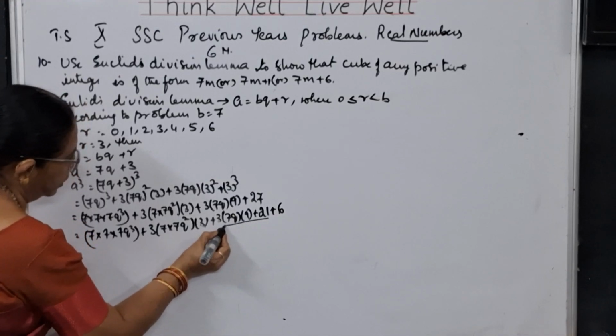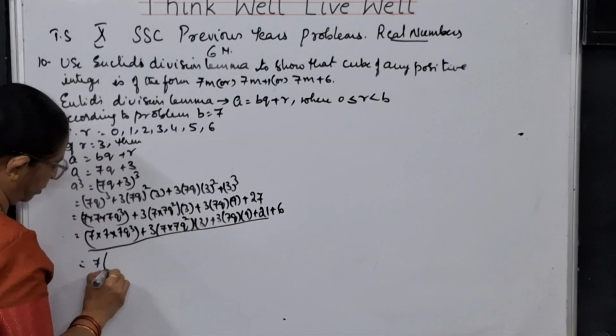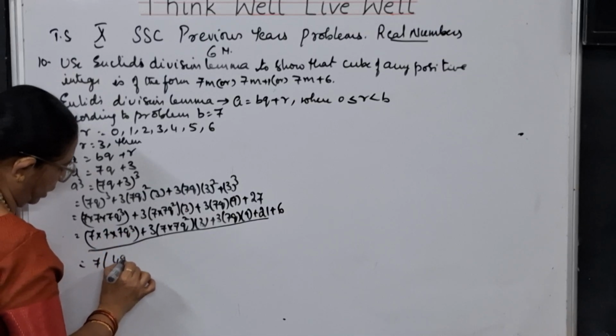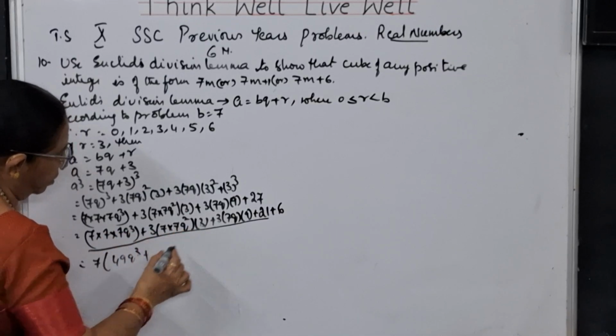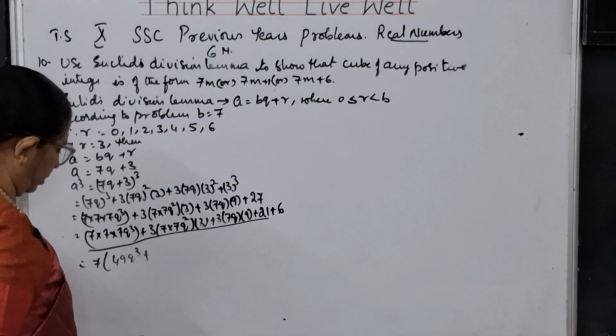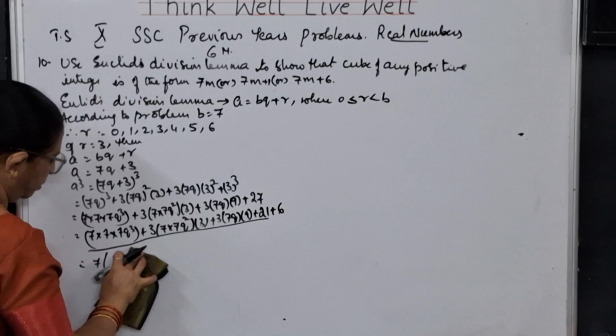So all this we have to take 7 as common, 49 q cube plus, 7 is out, 7 3s are 21, or 3 3s are 9, 9 7s are 63.